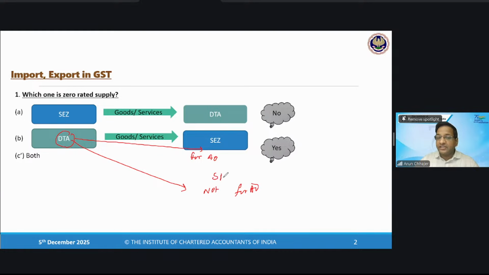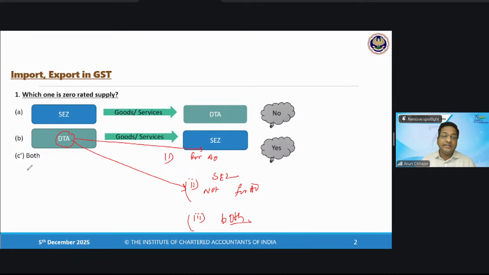Whether both are zero rated supply, or 1 or 2, which one is the zero rated supply? The answer is that for authorized operation is the zero rated supply. All the three questions you have answered correctly.